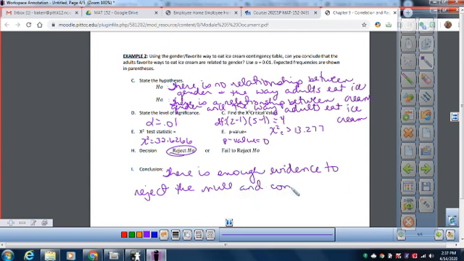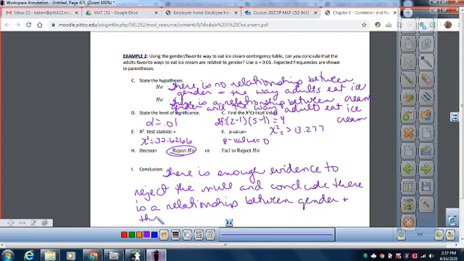And conclude there is a relationship between gender and the way adults eat ice cream.